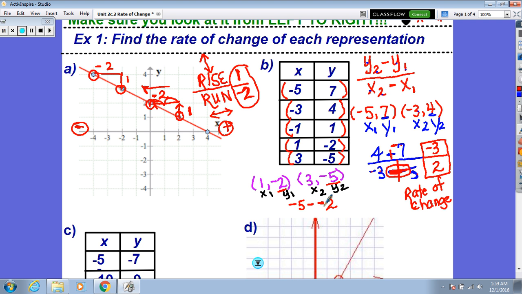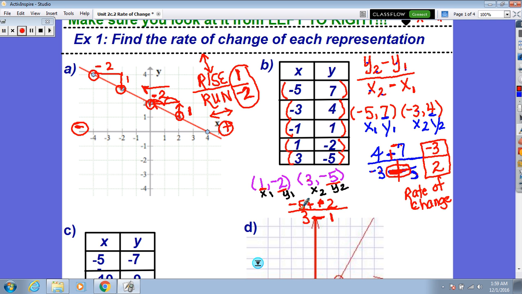Remember, he has to get his own negative sign. Alright. And then x2, which is 3, minus x1, which is 1. So double negatives change to one big plus sign or 2 positives, and we're ready.